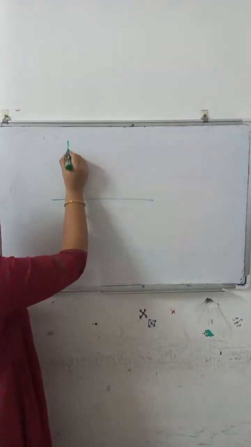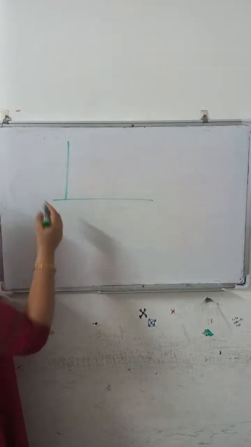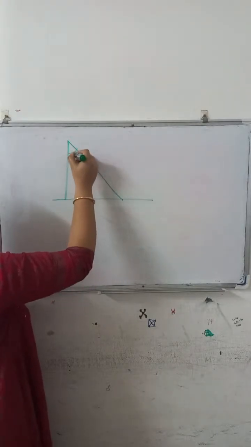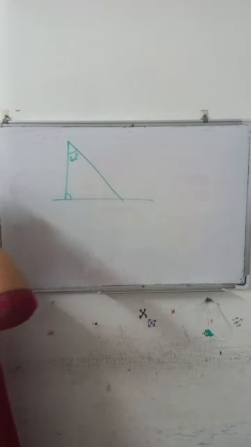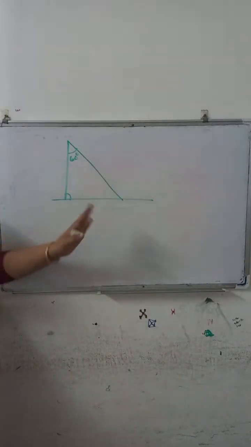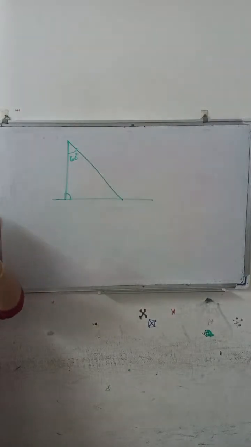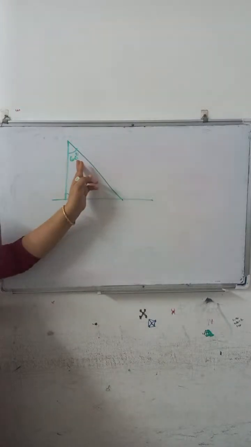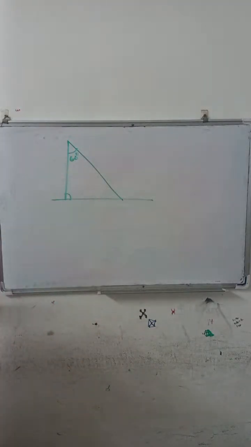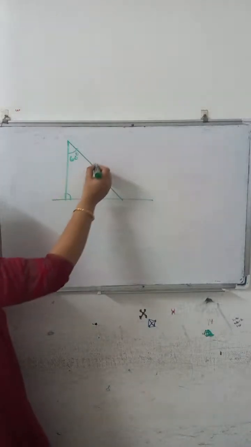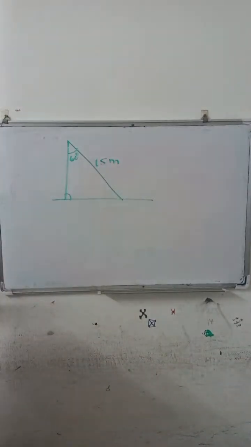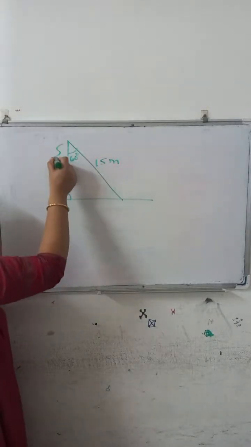This is the ground, this is the wall, and they kept a ladder like this. The ladder makes an angle of 60 degrees with the pole, with the wall, not with the ground. Read whatever sentences are given, it's very important. The ladder length is 15 meter, and what we have to calculate is the height of the pole.